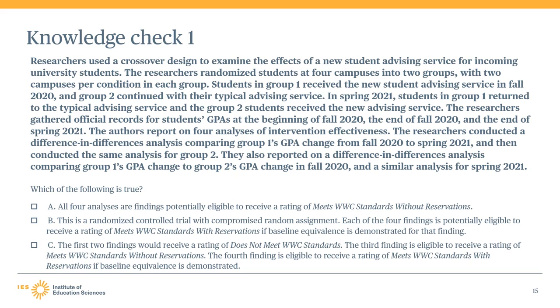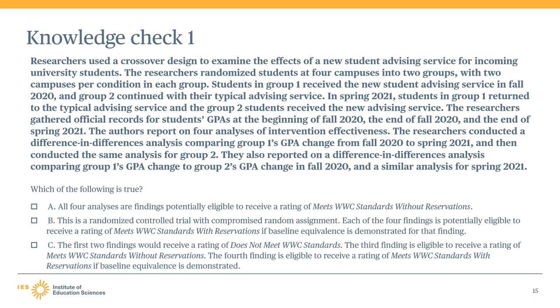First, a difference in differences analysis comparing Group 1's GPA growth from fall 2020 to spring 2021, and then the same analysis for Group 2. Next, they reported on a difference in differences analysis comparing Group 1's GPA growth to Group 2's GPA in fall 2020, and a similar analysis in spring 2021. Which of the following is true? A.